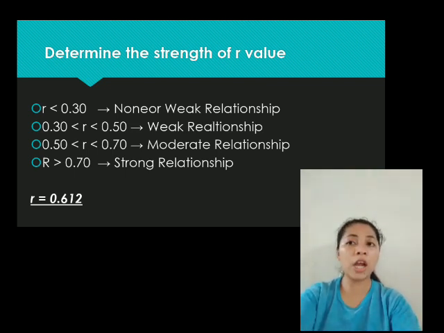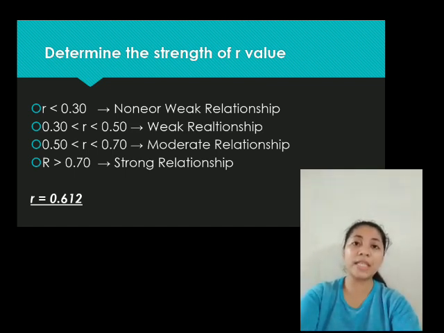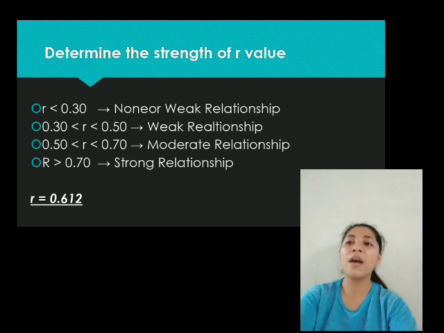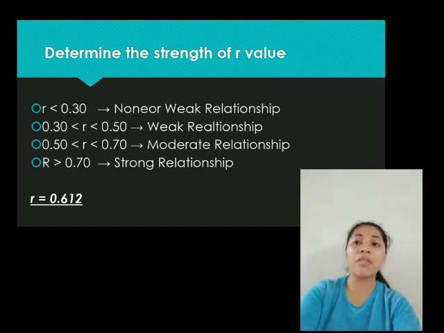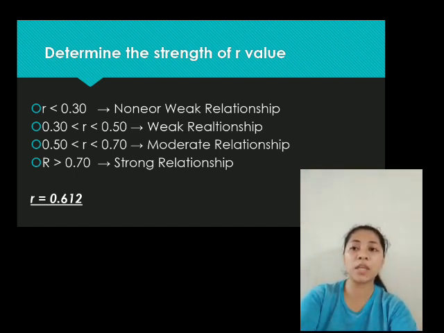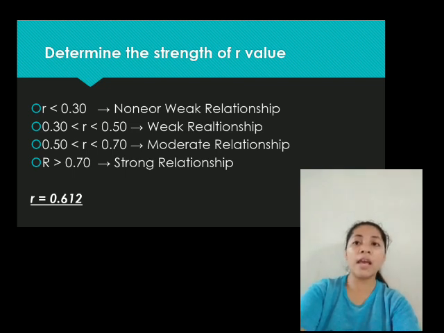If R is less than 0.30, it means none or very weak relationship. If R is between 0.30 and 0.50, it means they have a weak relationship to each other. If R is between 0.50 and 0.70, it means they have a moderate relationship.